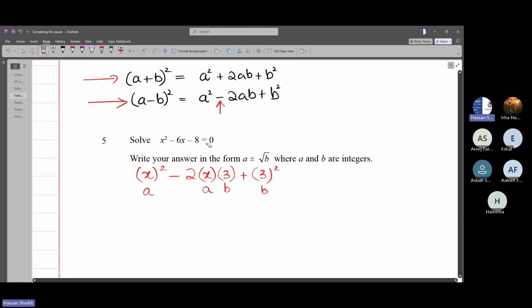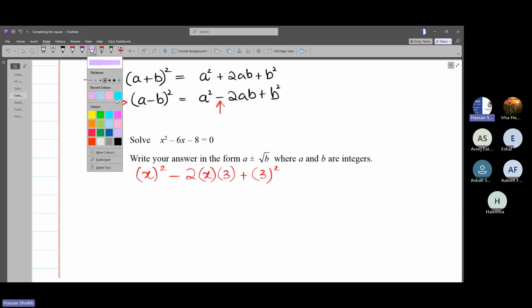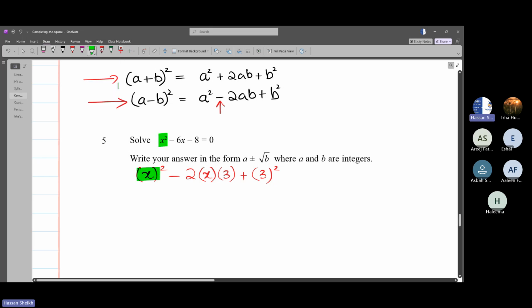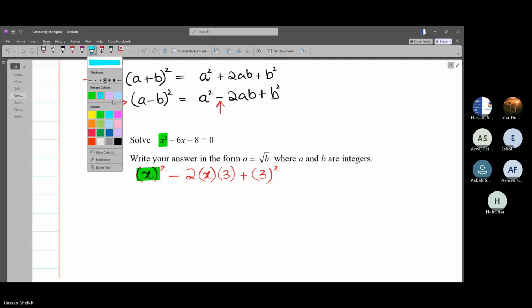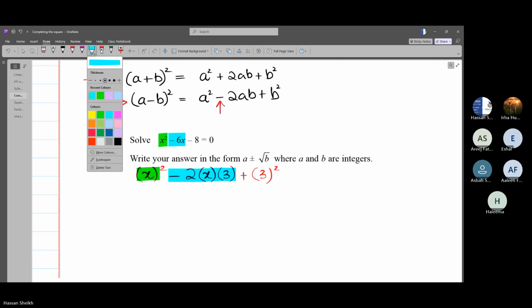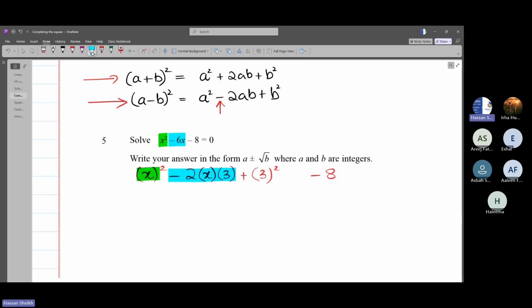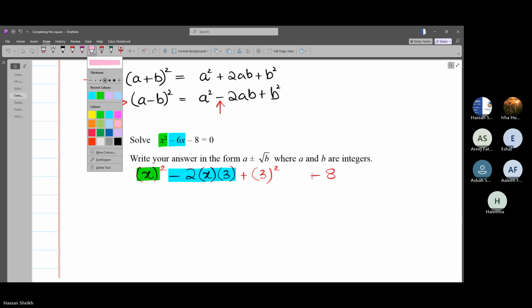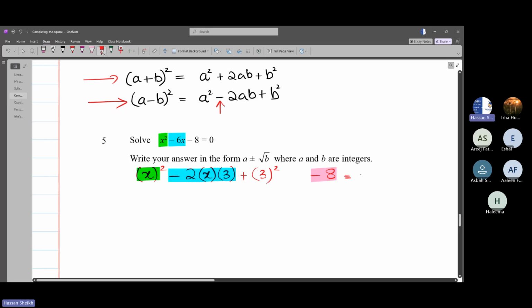Now please focus here. After doing it so, we get to know that this is this, agree? This minus 6x, we split it into minus 2 times x times 3, agree? Yes. And then we have minus 8 as well here, equals to 0, yes?